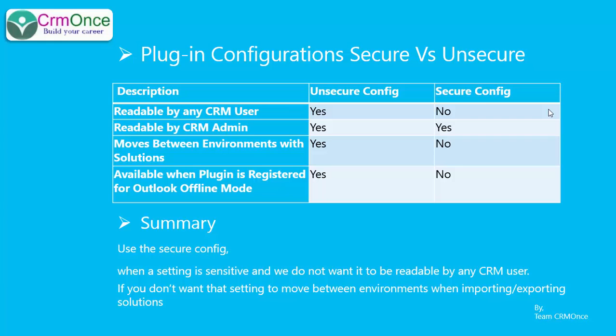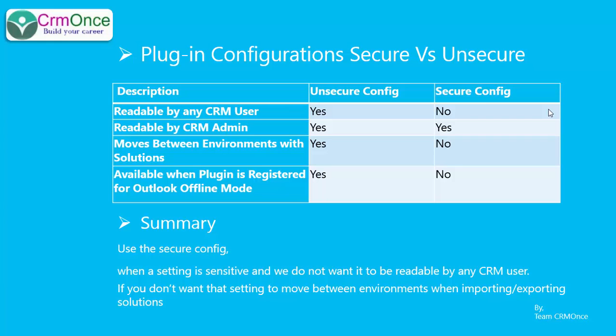As you're looking at this slide, it talks about the two different configurations it supports: unsecure and secure. And you can see here, if we put anything in the unsecure configuration, that can be readable by any CRM user. When I say readable by any CRM user, it's not like they'll go to CRM and be able to view this.